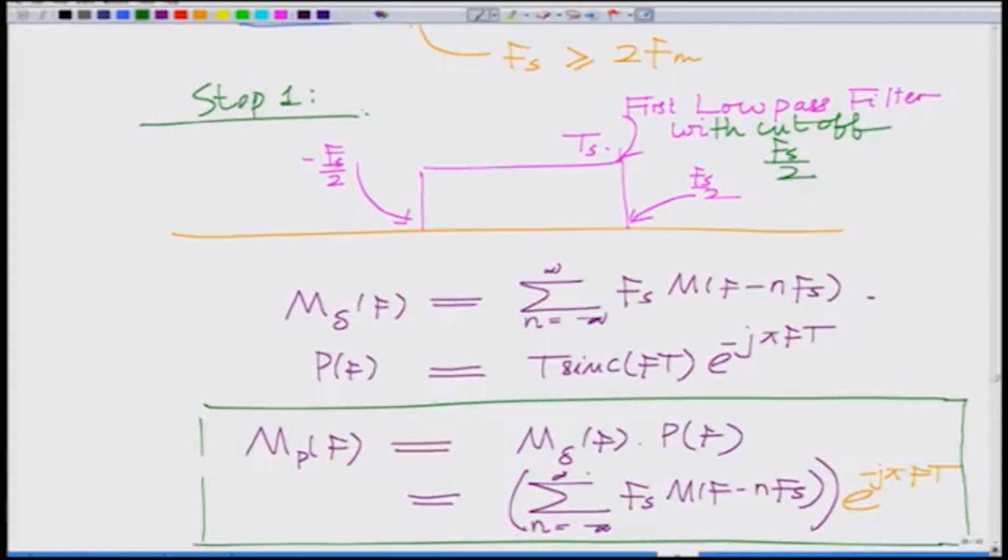Now, in step 2 you also have to invert the distortion of this amplitude spectrum of the copy around 0 frequency, which is caused by windowing with the sinc function.